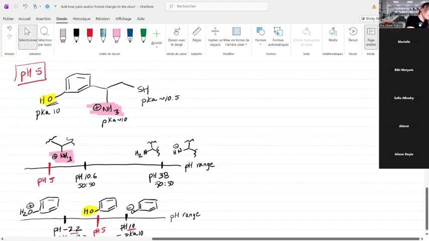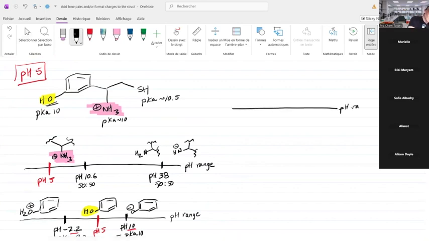All right, finally, we're going to be doing the thiol. So same exercise, we have the pH range. We know that we said that the pKa of the thiol is 10.5. So that means that at a pH of 10.5, both of these species will be present in a 50-50 ratio in a reaction or in a mixture.